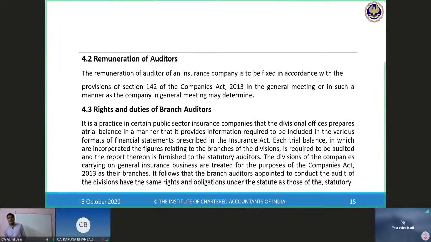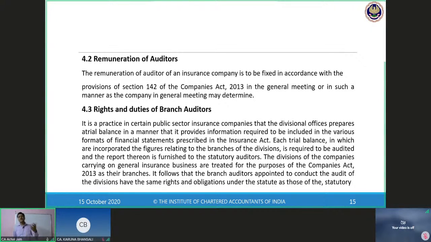Generally, the books of accounts in case of an insurance company will be centralized. Unlike the traditional models, the books of accounts of an insurance company are centralized. That's why the branches may have limited records, but the complete set of books of accounts is centralized and can be audited by the auditor sitting at the HO.